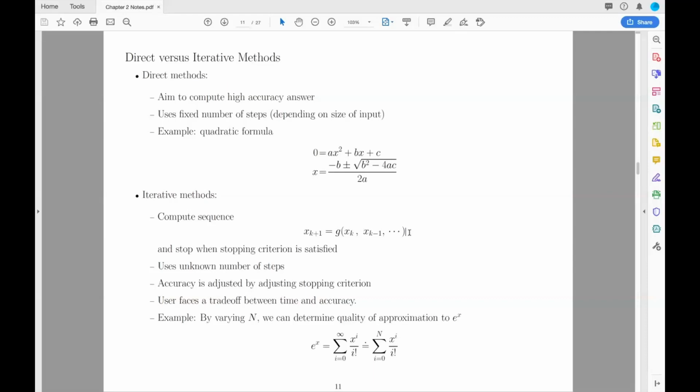Hopefully, each successive x sub k is getting you closer to an acceptable approximation to the true answer. But we don't know how many steps it takes before you can stop.